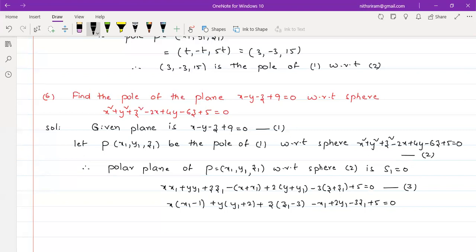So I'm still writing; don't treat this as equation 3 yet. Once again I'm writing this in a simple way: x into x1 minus 1, plus y into y1 plus 2, plus z into z1 minus 3, and taking minus common from all these terms, x1 minus 2y1 plus 3z1 minus 5 is equal to 0. Now treat this as equation number 3.